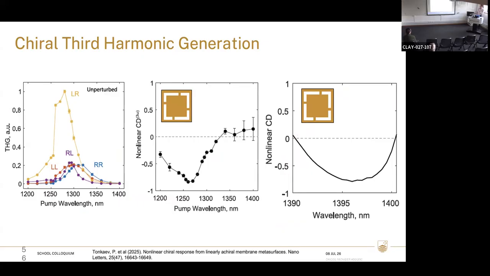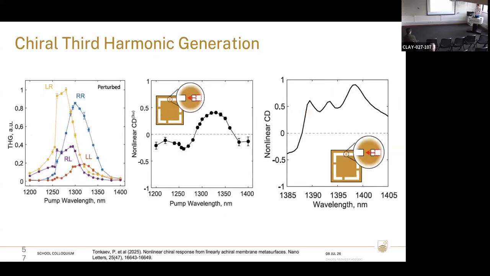So we estimate the nonlinear CD, which is quite significant and close to -1. Quite expected from the simulation for this structure. And for the structure with broken symmetry, we intentionally broke the symmetry.